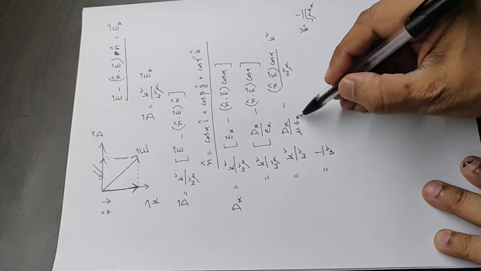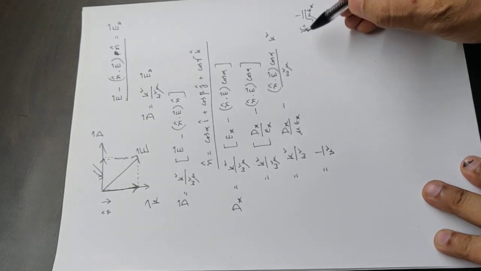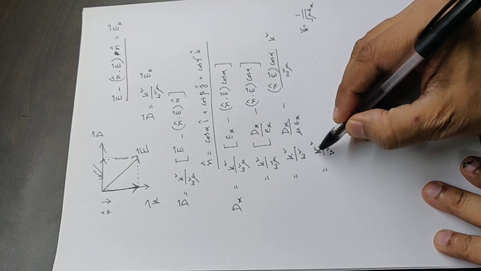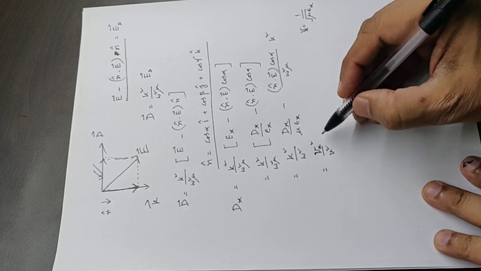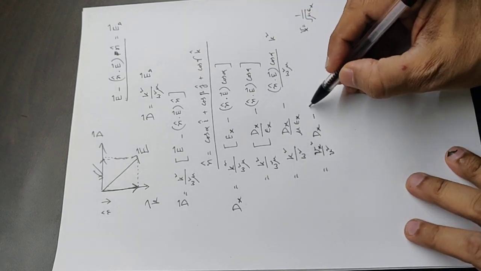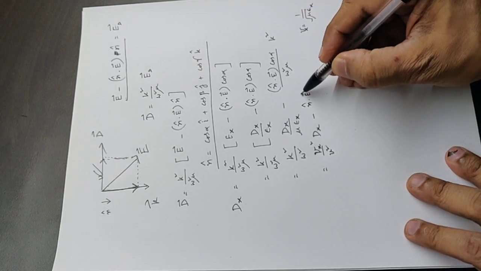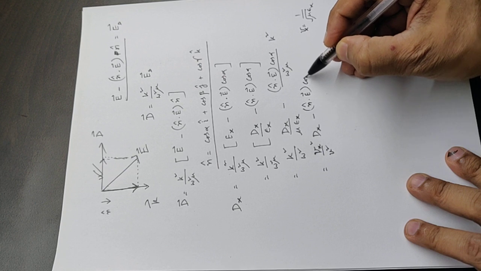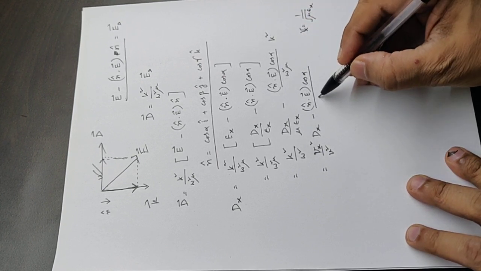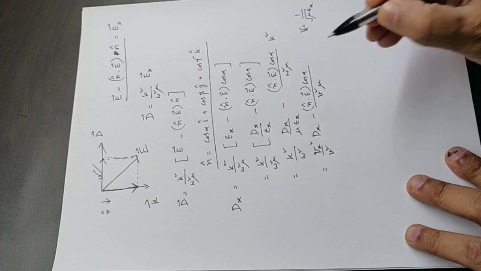But mu epsilon x would be nothing but Vx square. So it would be Vx square into dx minus n dot E cos alpha omega square k square, again v square mu.